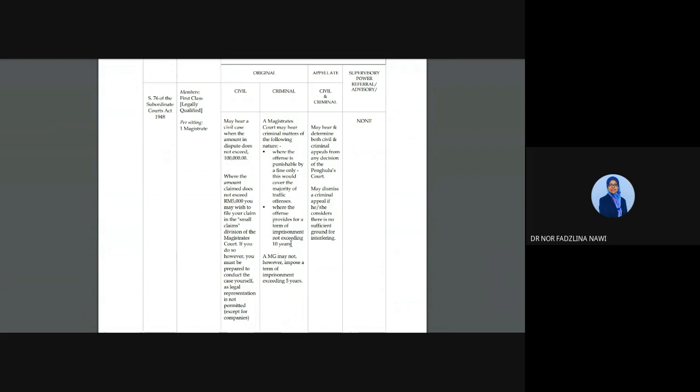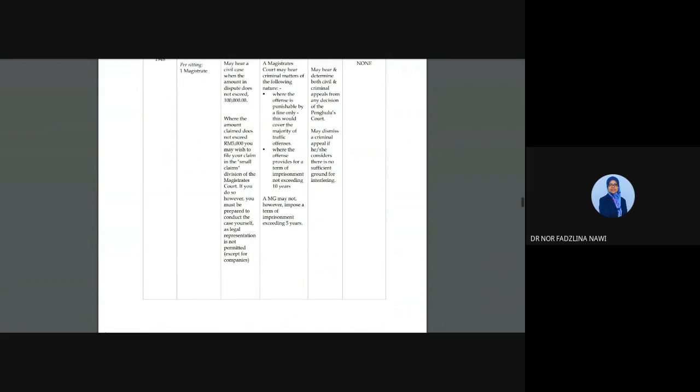However, a magistrate may not impose a term of imprisonment exceeding 5 years. If you notice in the news, a magistrate will usually only issue a term of imprisonment of less than 5 years.